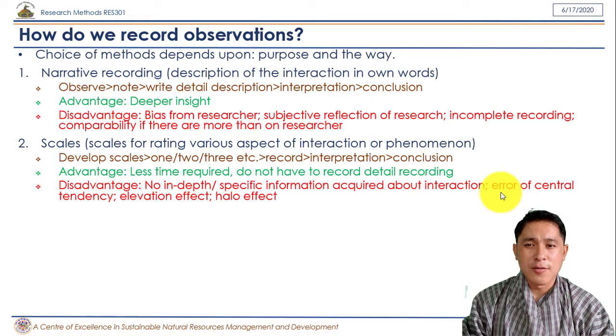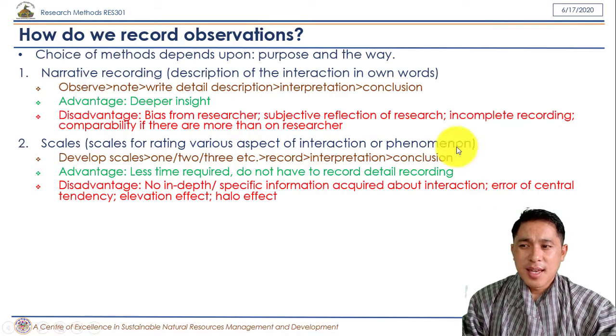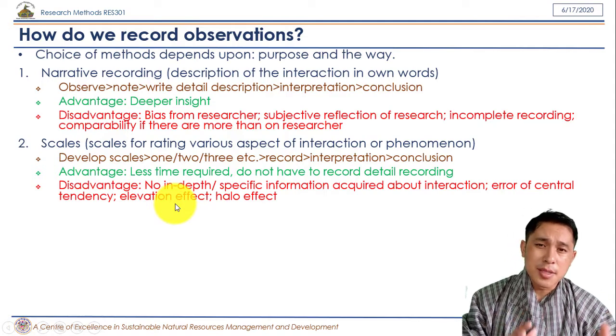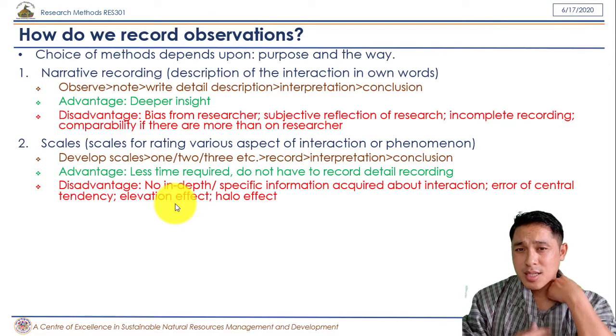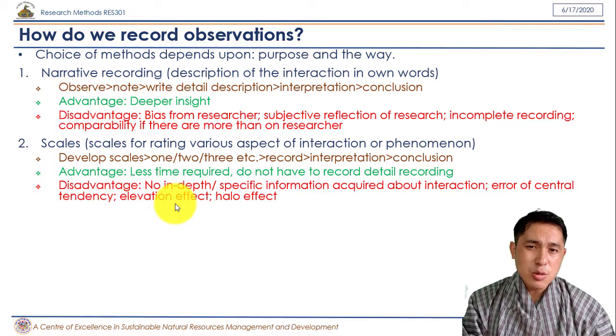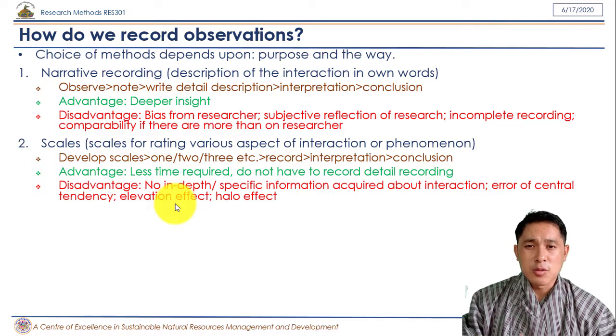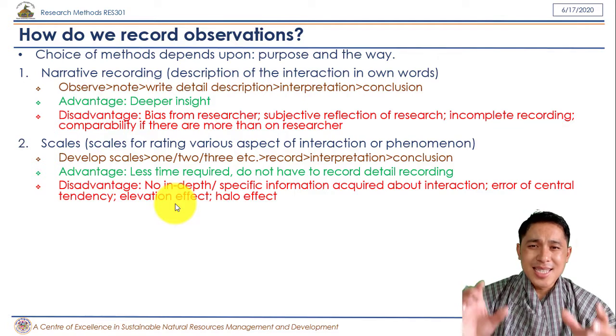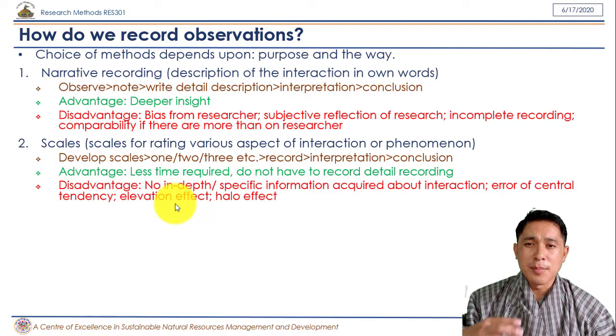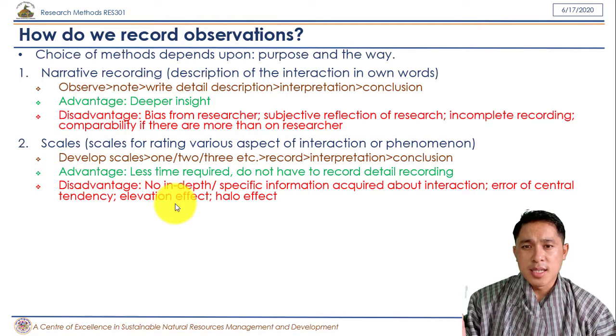That's known as the error of central tendency. And sometimes there are again some researchers who tend to take just the extreme ones, either strongly agree or strongly disagree most of the time, and they do not look at the central part. So that's again a tendency of beginner researchers, or of a researcher who tends to compare between 2 questions.